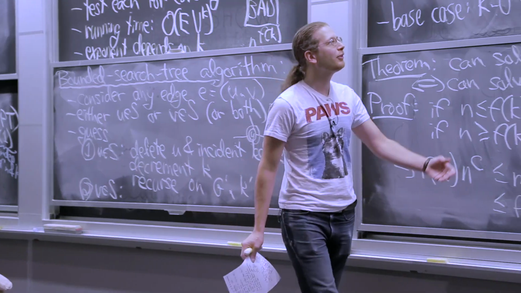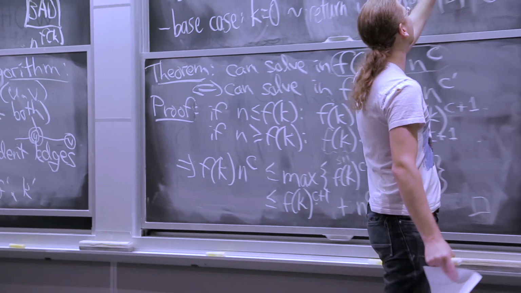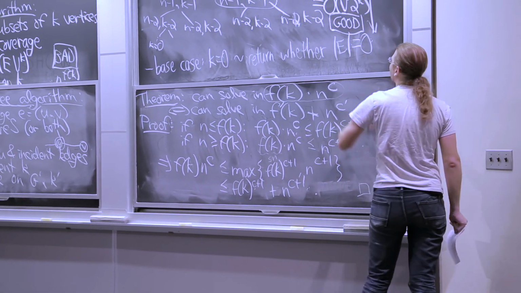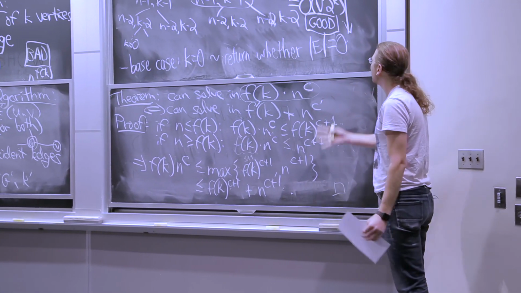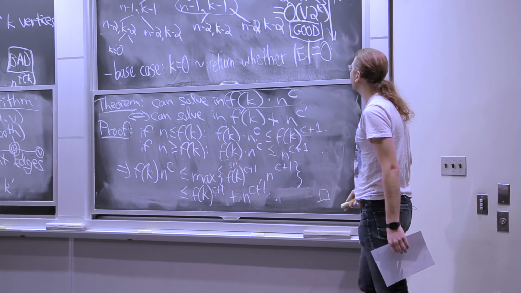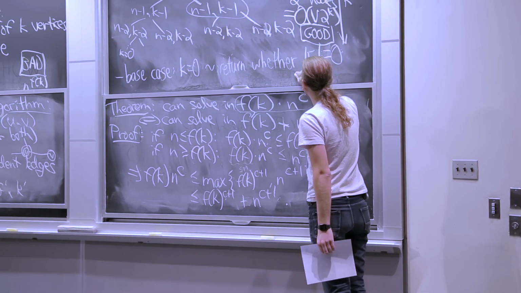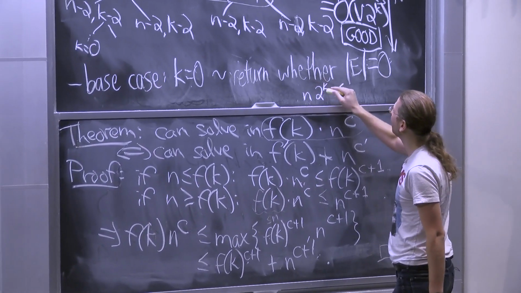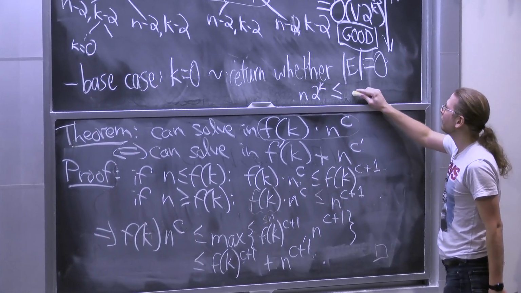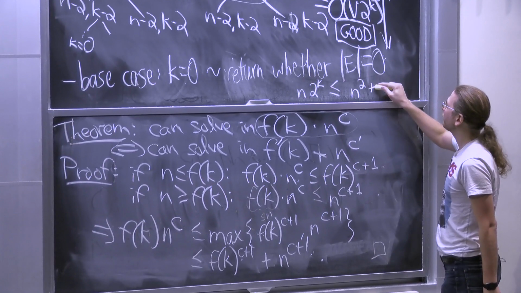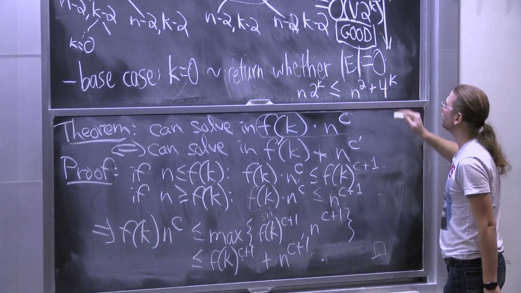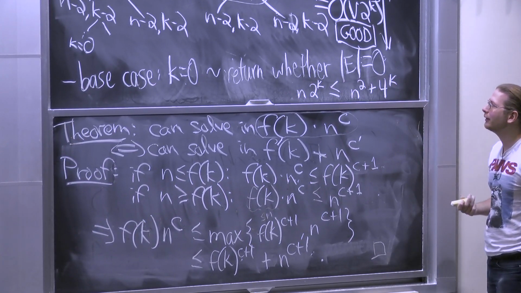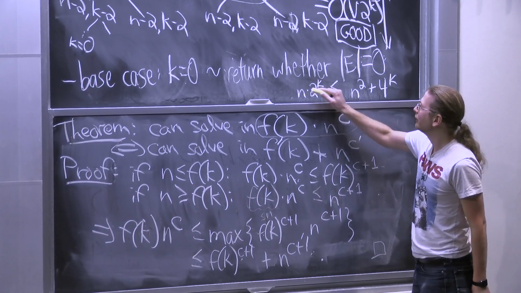So for example, we have this linear, basically n times 2 to the k algorithm. If you apply this argument, you get that this n times 2 to the k bound is at most what? n squared plus 4 to the k? I'm basically just squaring both of the terms.